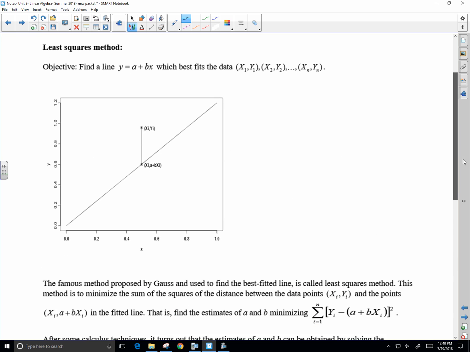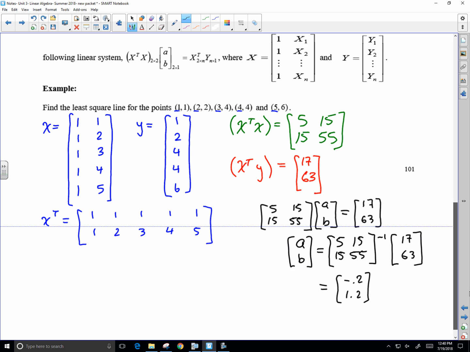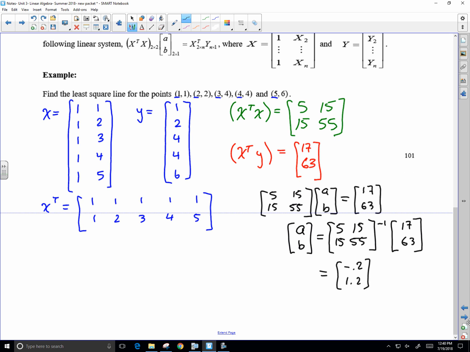We're using the model of A plus BX. All right, so A is your constant, or y-intercept. The hat represents in statistics a predictive model.